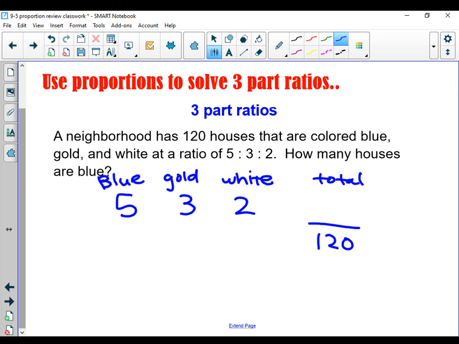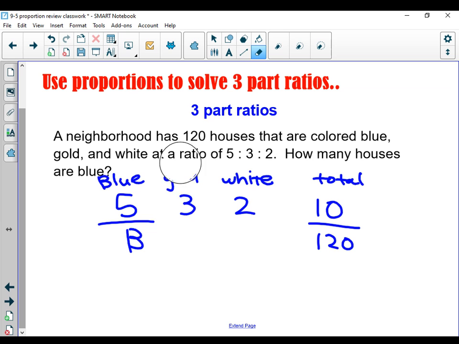What if it was a small neighborhood that just had 5 blue, 3 gold, 2 white? 10! Now she's right. It's asking for blue. Bye-bye gold. Bye-bye white.